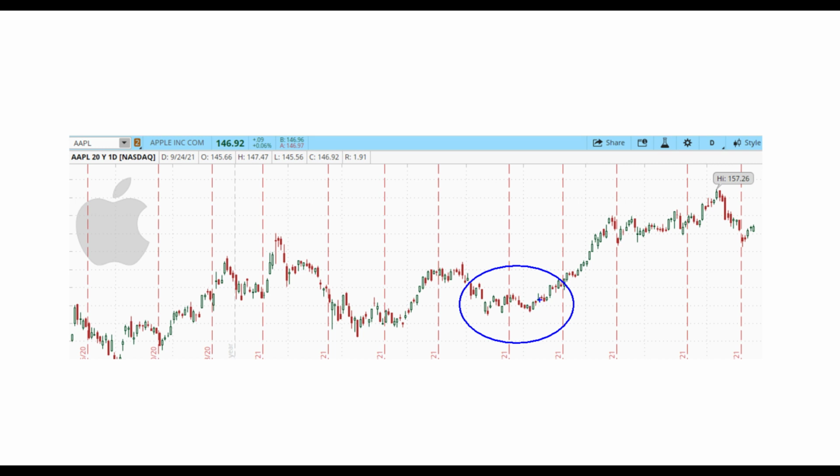Once you see it start to make a move up after it gets close, at this level or very close to this level, now your antennas go up. So once you start to see it moving up, you mark up this level.